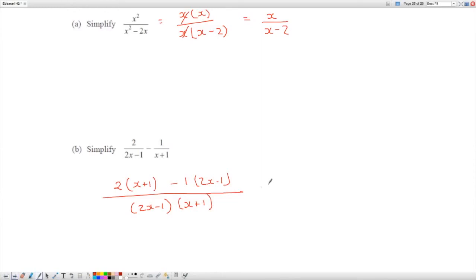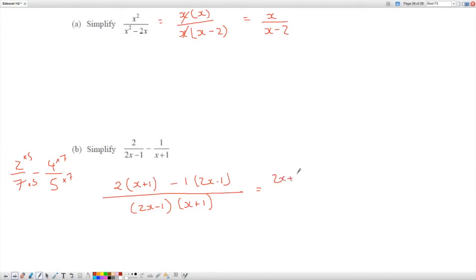The same rules apply as if these were numbers. 2 over 7, take away 4 over 5. We're multiplying here by 5, here by 5, here by 7, here by 7. So we're just taking our algebraic terms to do the multiplication.